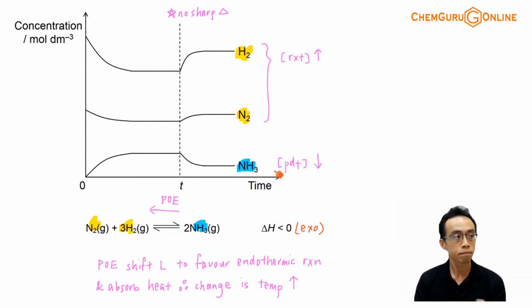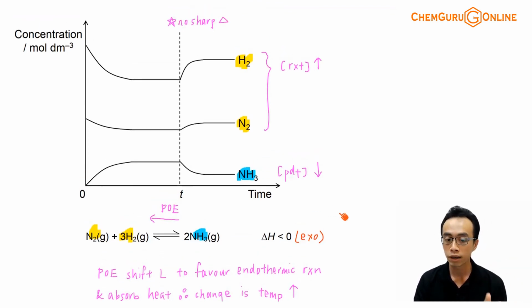So if you are thinking it is an increase in temperature, you do all this rationalizing and reach a conclusion about what will happen to the position of equilibrium and to the concentration of the reactant and the product. Then when you look back at the graph, you realize that it is not consistent, it is different. So it will not be an increase in temperature, it must be the other way around, a decrease in temperature.